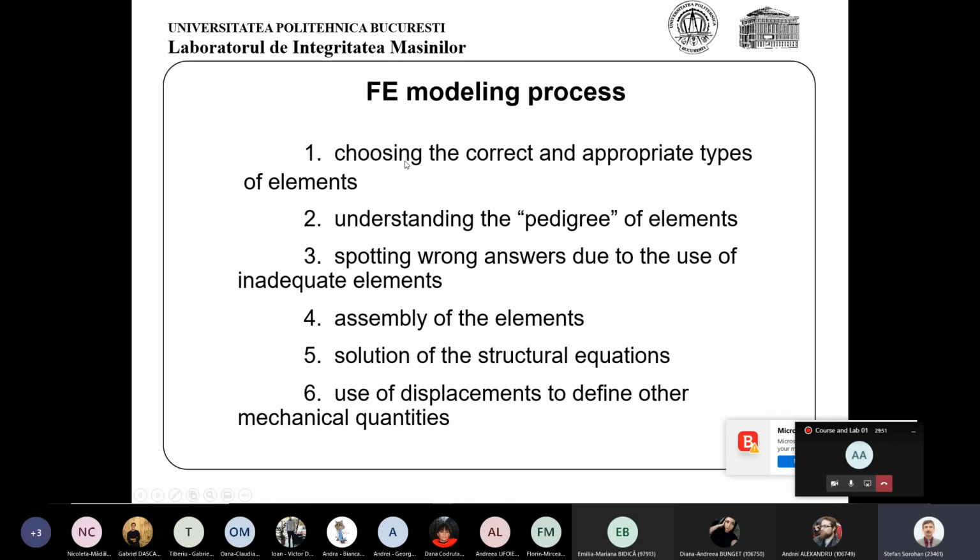And that means because we make a choice, we must choose the correct and appropriate type of elements. We have not only triangles, so you will see later we may have also in 2D quadrilaterals. And choosing the interpolation function is important, and for each interpolation function we can define a different finite element type.